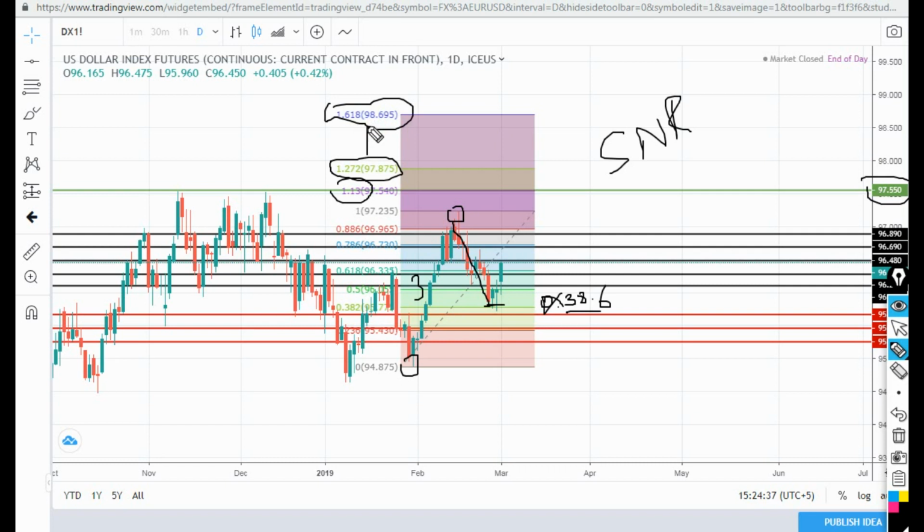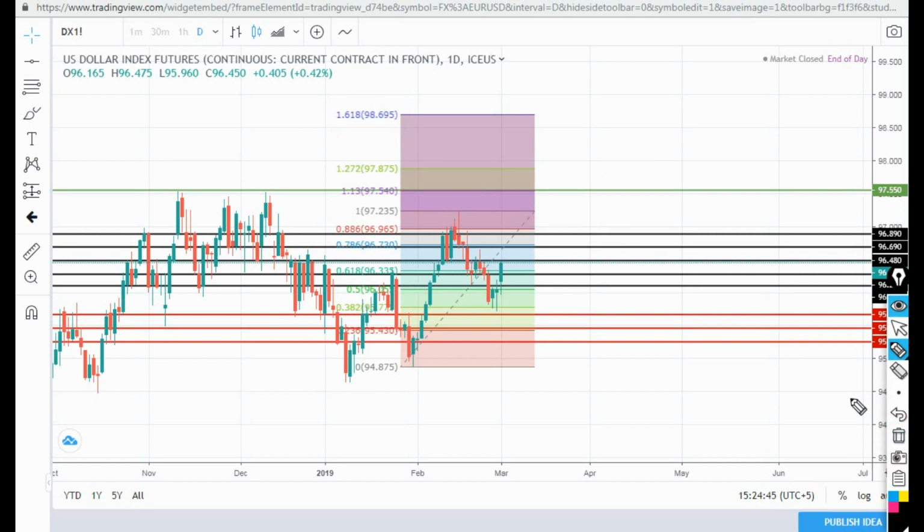So it's very true that the coming fifth wave will not go so much high according to this number, but we will note this number, 98.695, right?